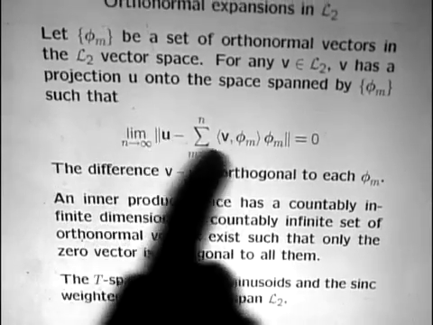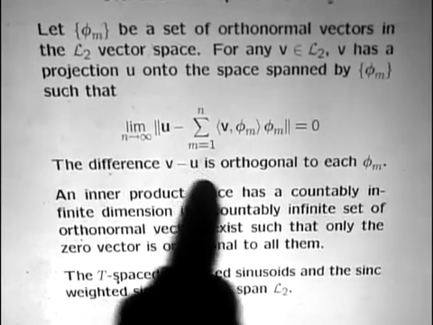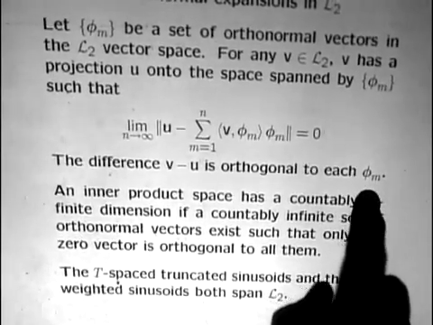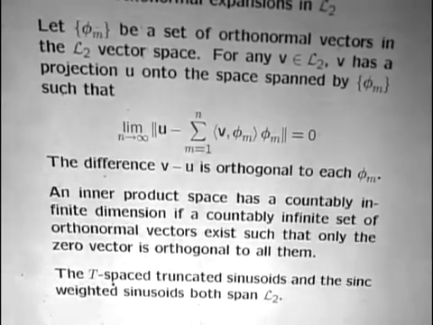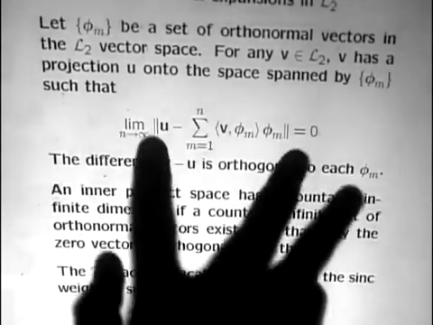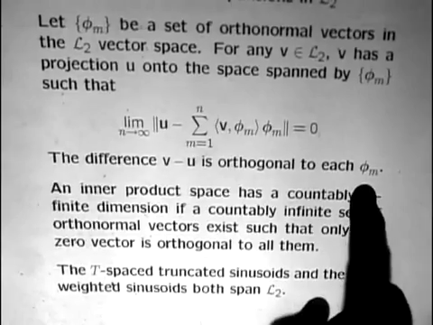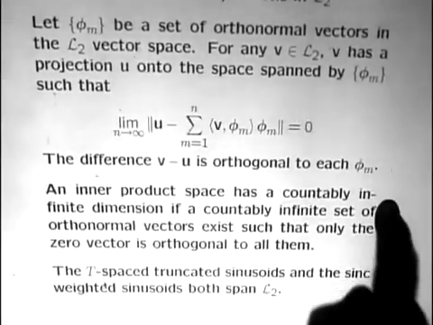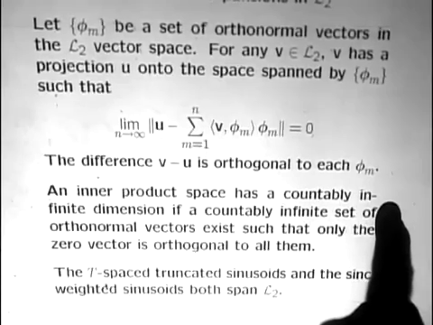which is in the space generated by all of these phi sub m's, has to be orthogonal to each phi sub m, because that was the way we constructed it. Okay? So this difference goes to 0 in the limit, but also the difference is orthogonal to each phi sub m. This is the thing which is new, which we didn't get from looking at the Fourier series.